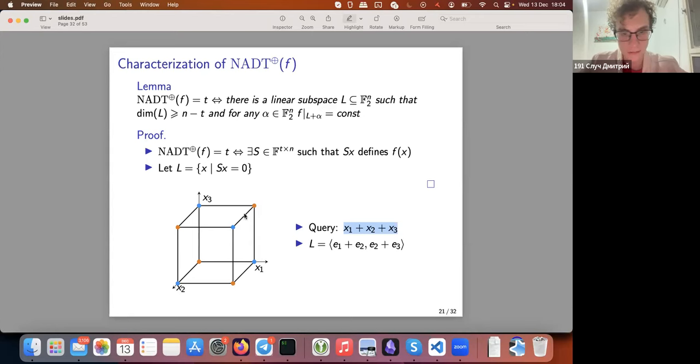The dimension is correct. And we can see that here all the vectors have either 0 ones or 2 ones, and the parity is 0. Here the parity is 1.